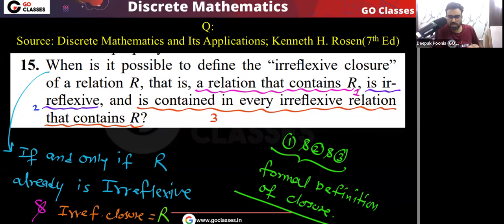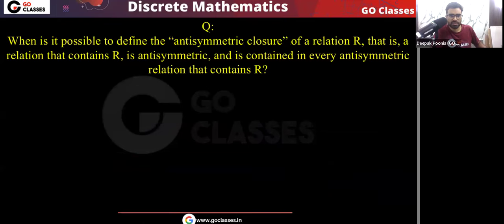I hope you understood. And the same thing will happen for anti-symmetric closure, and the same thing will happen for asymmetric closure. Correct? So tell me the answer for this question. When is it possible to define anti-symmetric closure? The same will happen as for irreflexive closure, for anti-symmetric closure, for asymmetric closure.